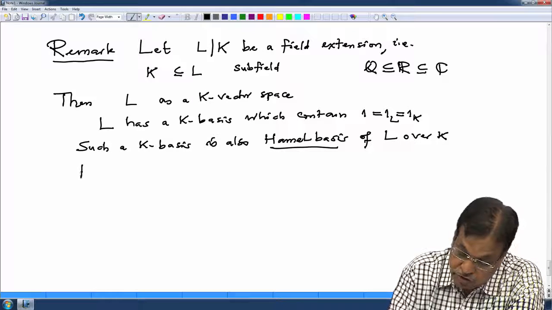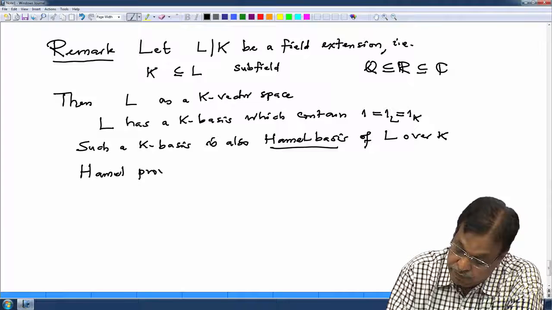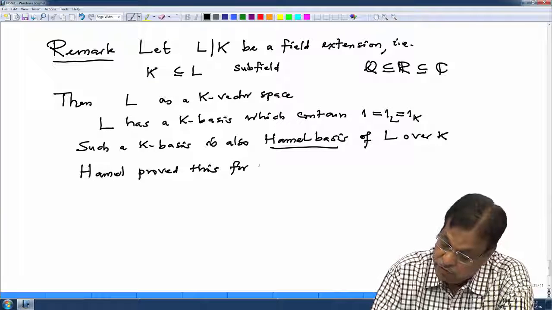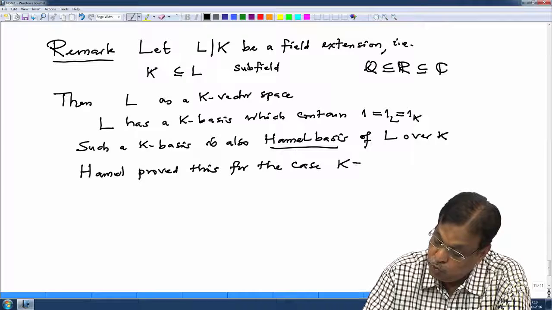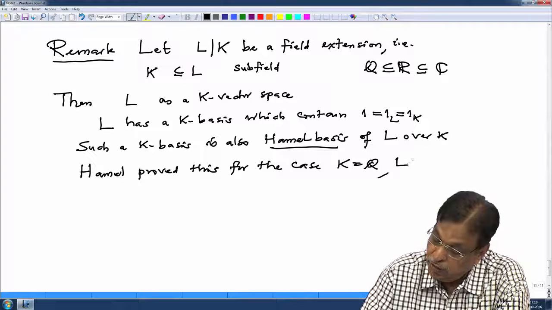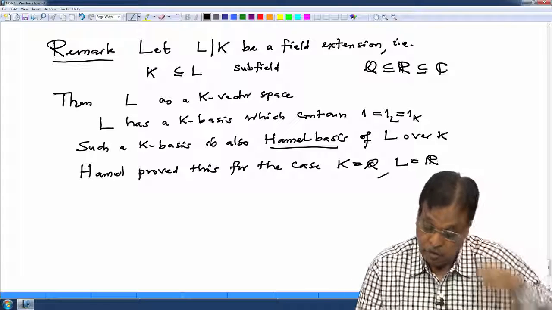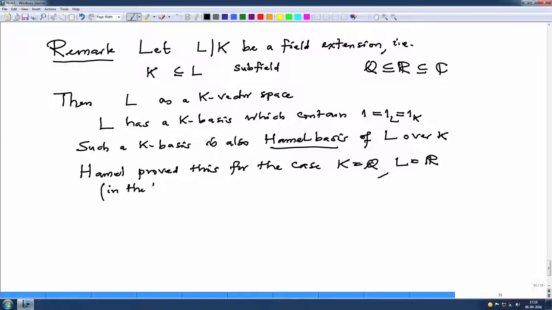Hamel was the first who proved this for the case K equal to Q and L equal to R. This was proved in the beginning of the 20th century.